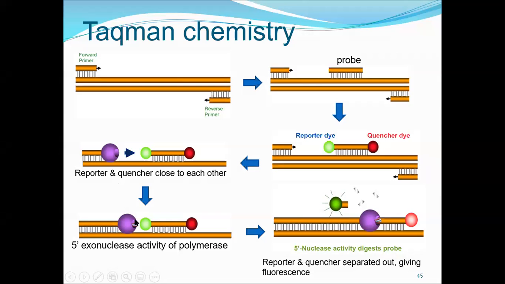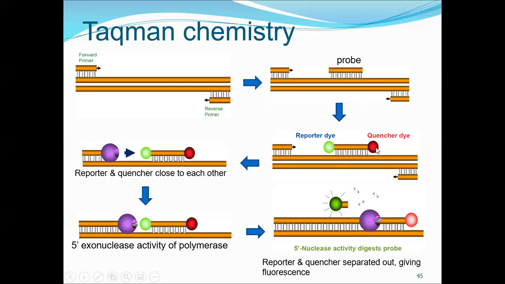Because of the exonuclease activity of the polymerase, the probe would be chopped off, releasing the reporter. So the idea is to release the reporter from the quencher so that there is fluorescence in the reaction.